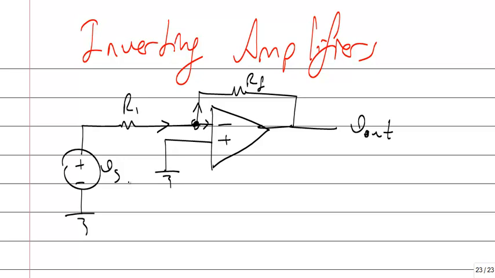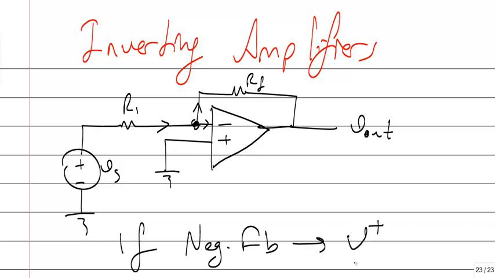And we know that, that's very important, if there is a negative feedback, NF means negative feedback, V plus input is equal to V minus input. Voltages of input terminals should be equal.